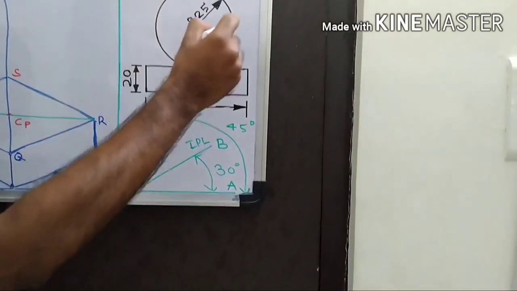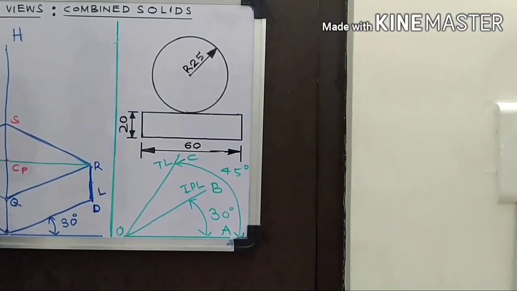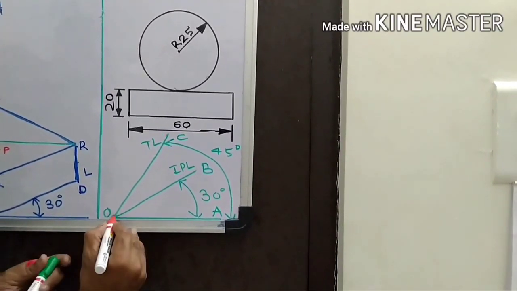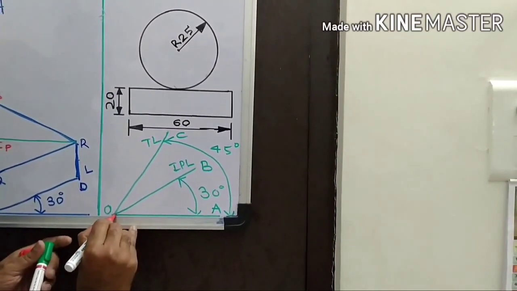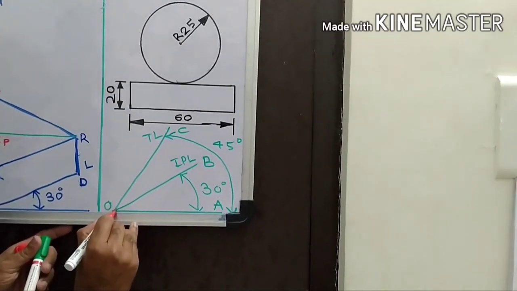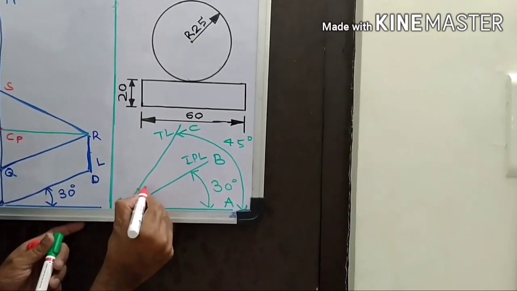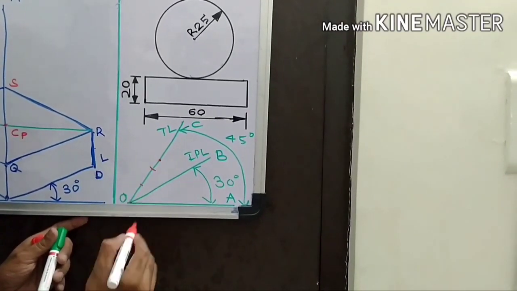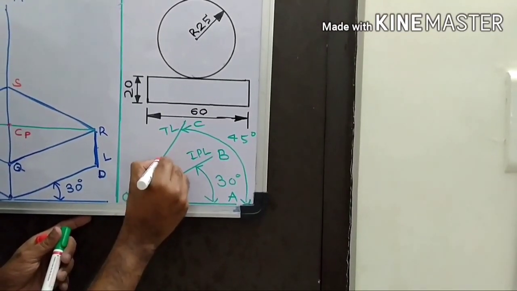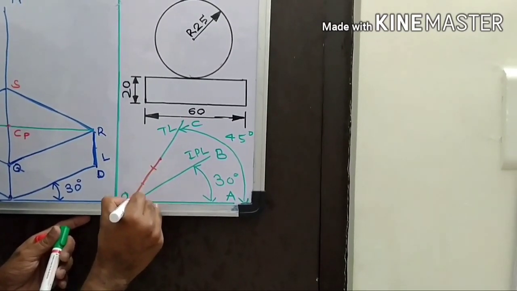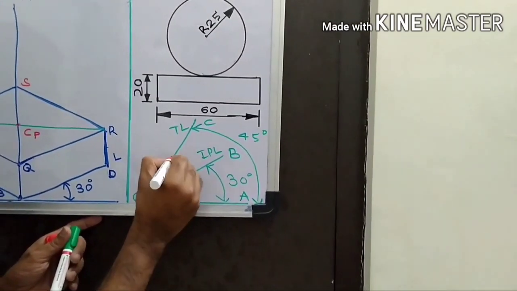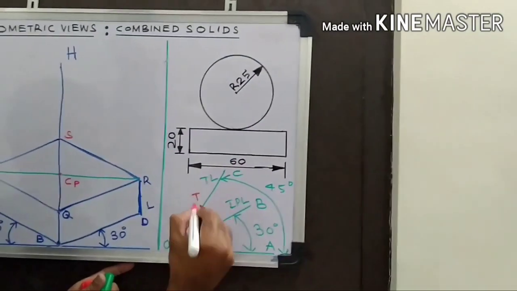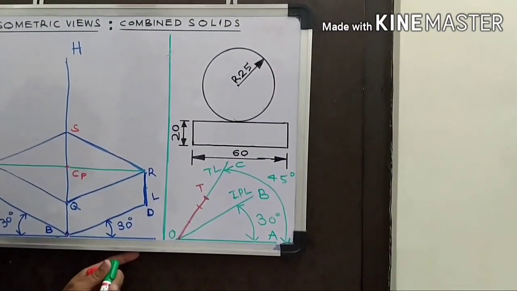Now for the sphere, the radius is going to be 25. Here from this point, by using a drafter, 10, 20, 25. This is going to be the length, 25 units. Naming this point T. OT is 25.